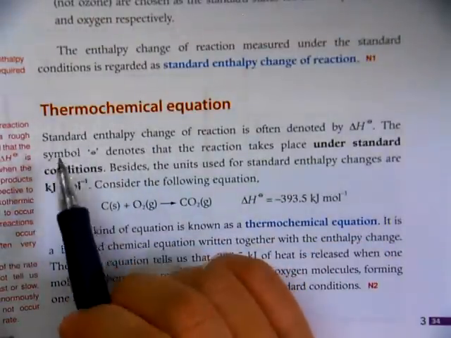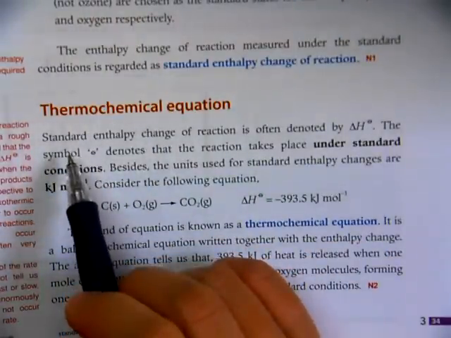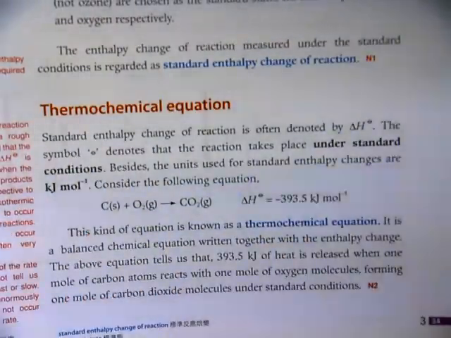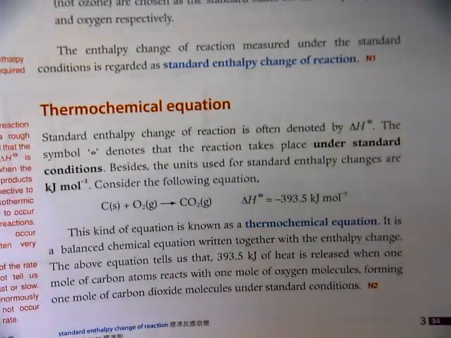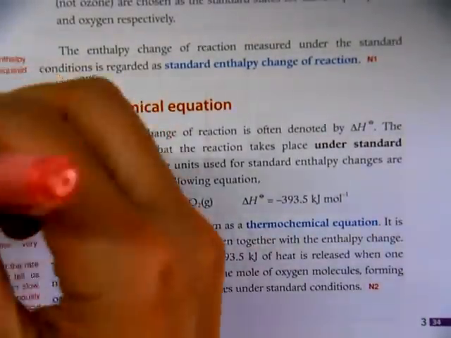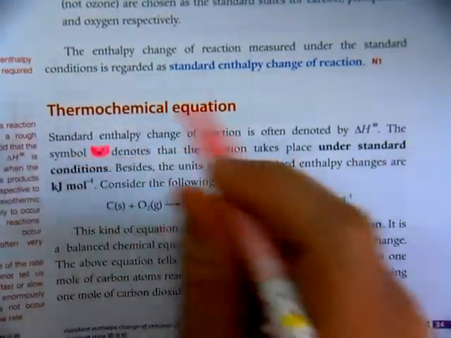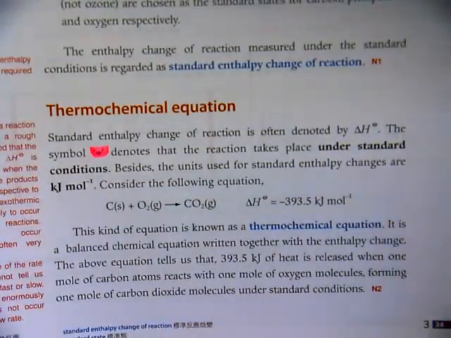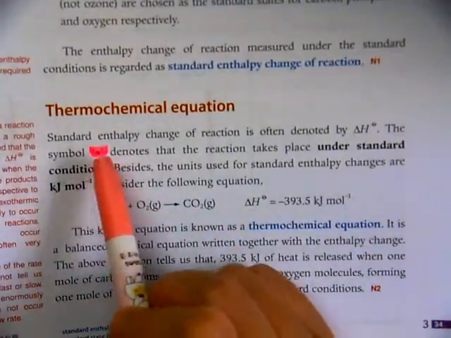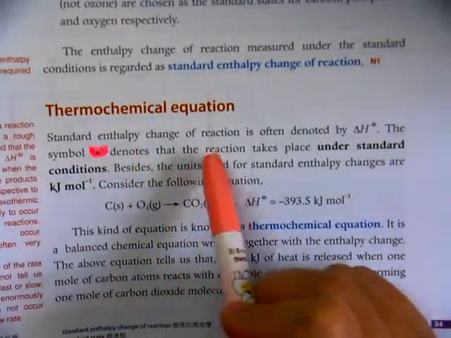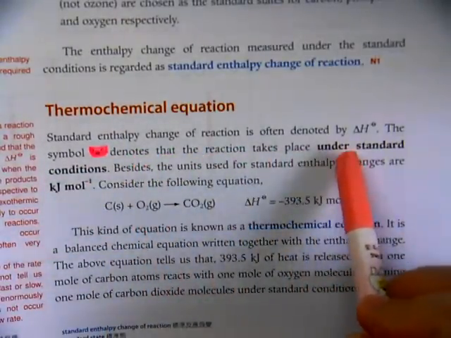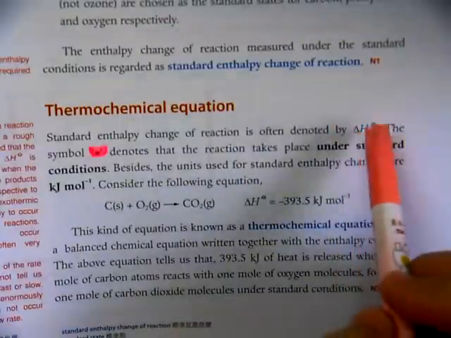If the enthalpy change is measured under standard conditions, the delta H will have a phi. This symbol phi denotes that the reaction takes place under standard conditions.